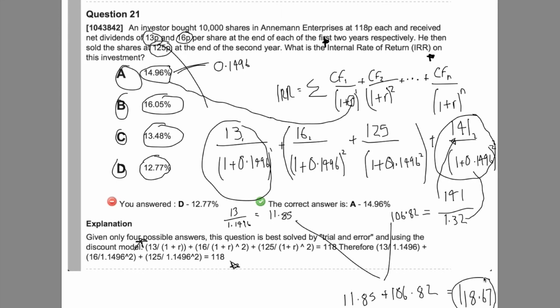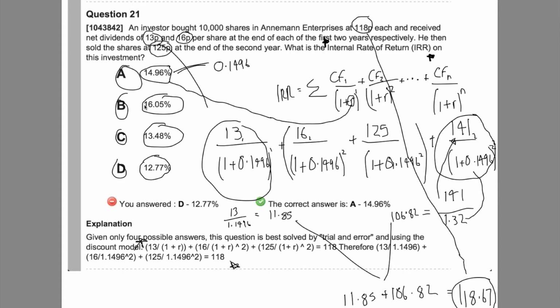And remember, I said everything is an approximation. So a return of 14.96% per annum will give us 118.67, and that's very roughly correct.